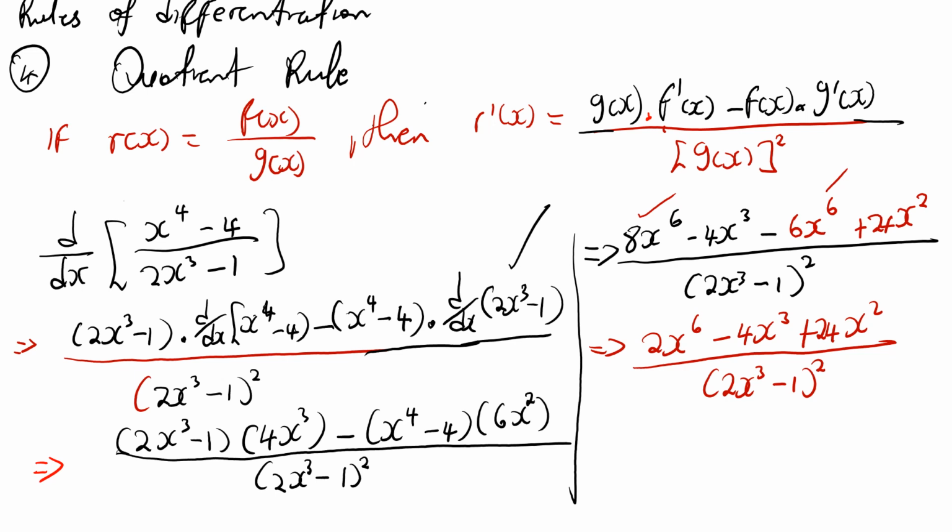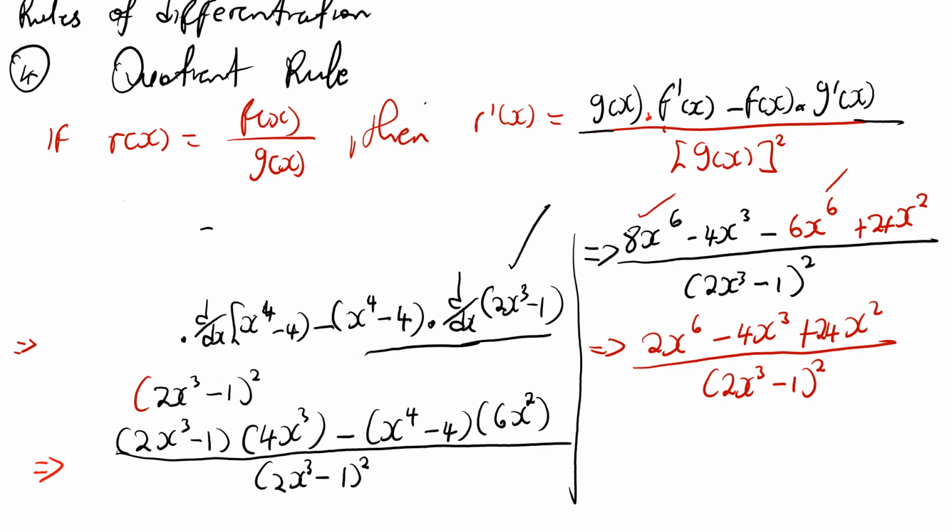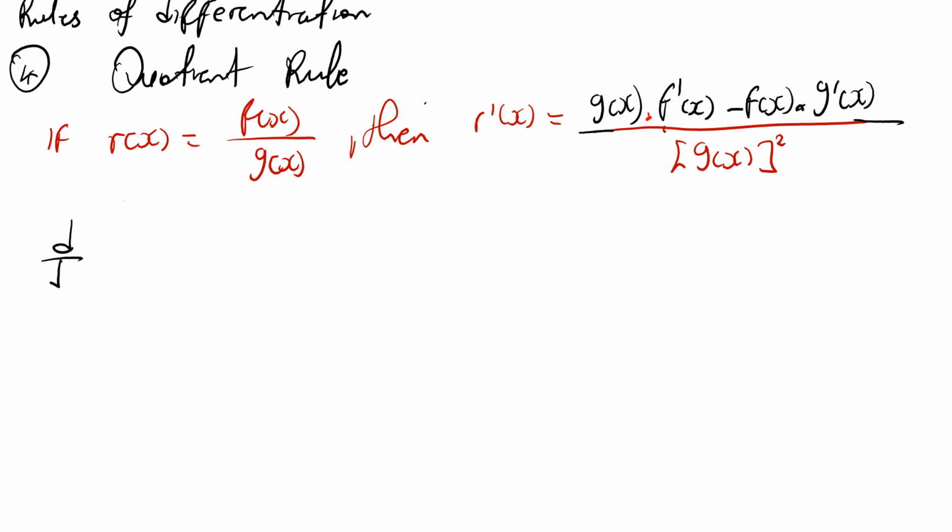So let's do the last example on our quotient rule. Let's find the derivative of x squared minus 1 over 2x plus 3. Now, as you can see, this is a function where we are dividing two functions, so we apply the quotient rule.